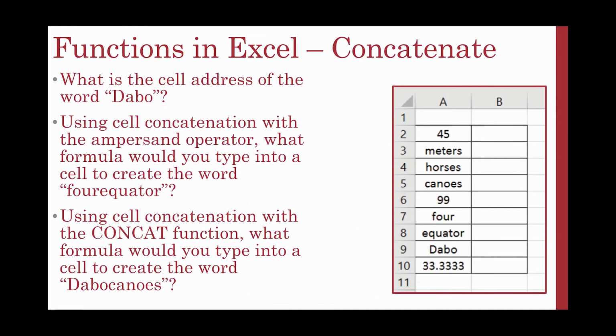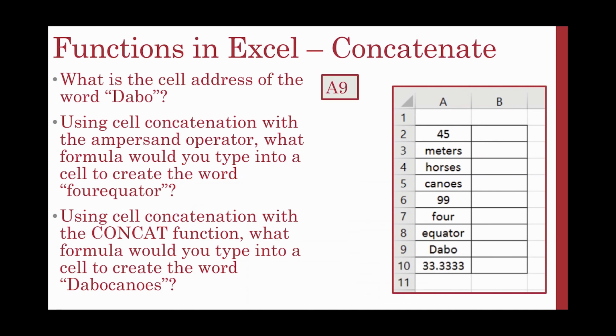So to run through a few examples, what is the cell address of the word Dabo in our example here? And then using concatenation with the ampersand operator, what formula would you type into a cell to create the word for equator? And then what do we want to get Dabo canoes?